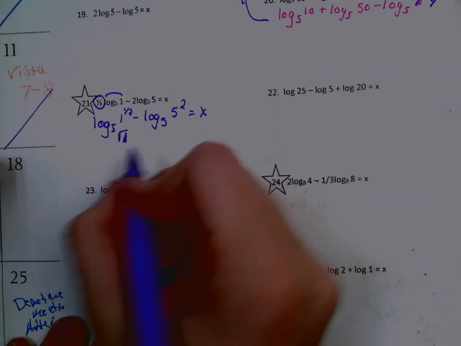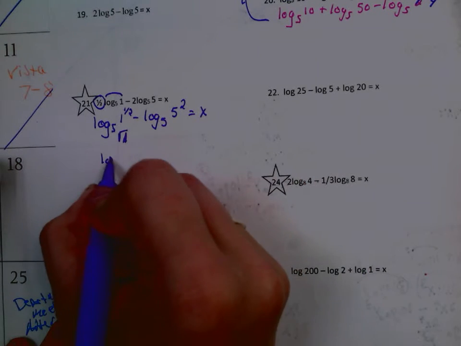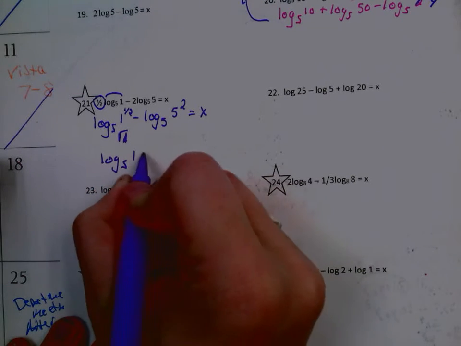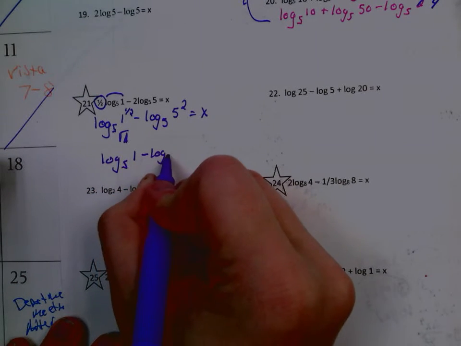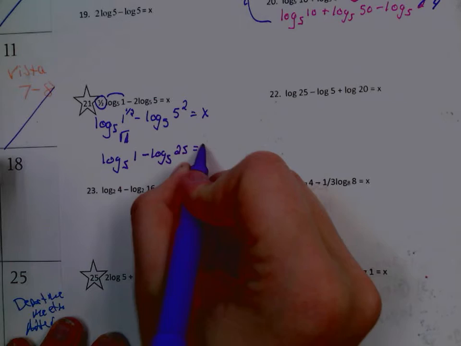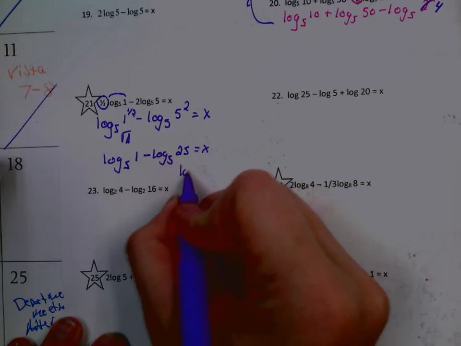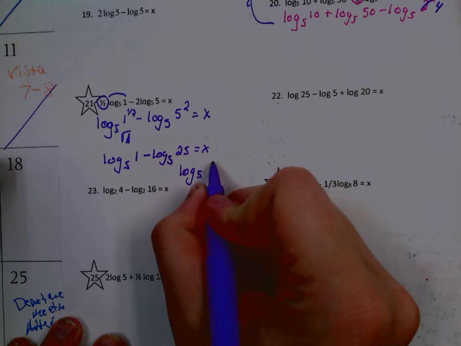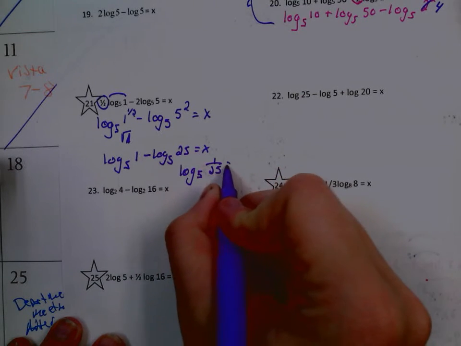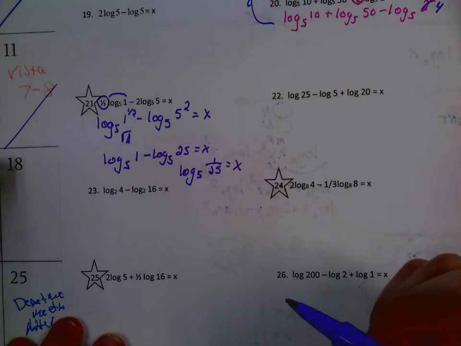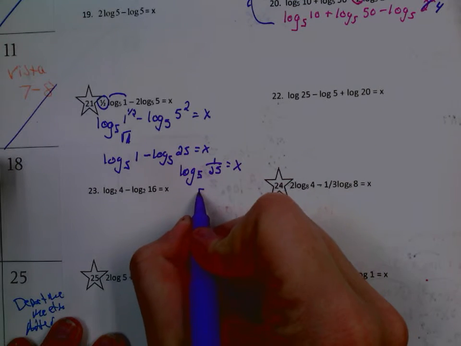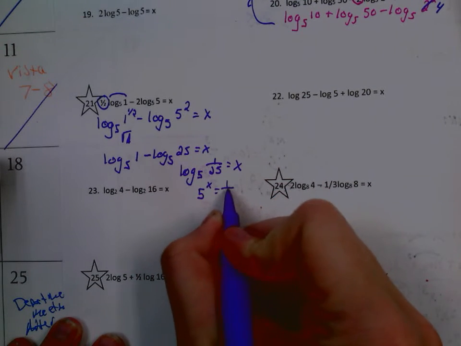So the square root of 1 will become log base 5 of 1 minus log base 5 of 25 equals x. At this point, you should see that this is subtraction and get log base 5 of 1 divided by 25 equals x. Then take it from there, setting it up as 5 to what power gives you 1 over 25.